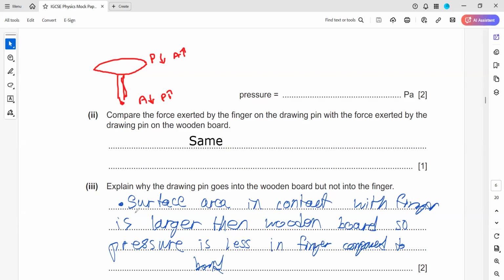The specific term which will score the mark is the surface area. So the main part which scores the mark is referring to a surface area, like a small surface area in contact. So there is a large pressure. That is what scored the mark.